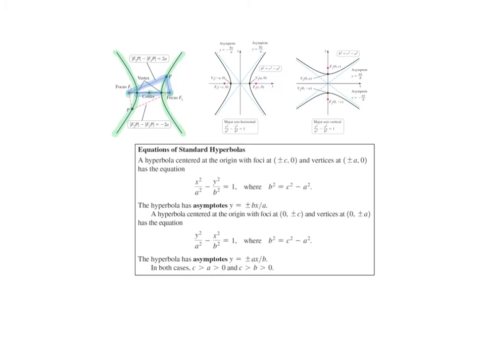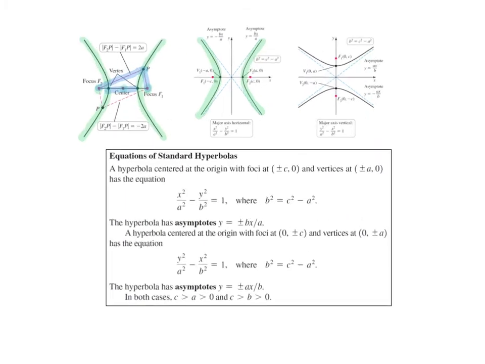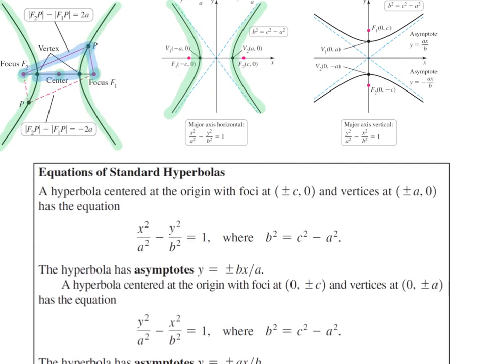Now we're going to have two types of hyperbolas. Hyperbolas where you have your vertices on the x-axis, and in this case that x-axis would be our major axis. A hyperbola is similar to an ellipse except there's a minus instead of a plus.